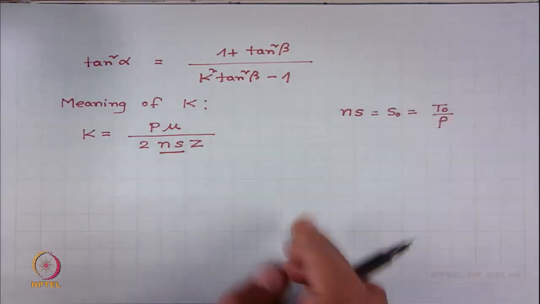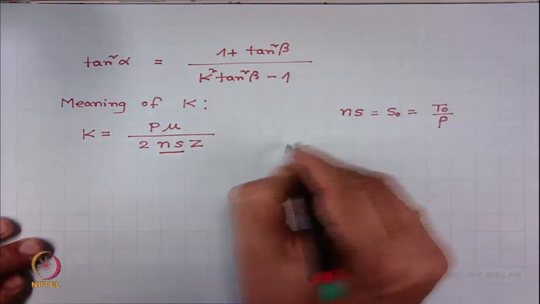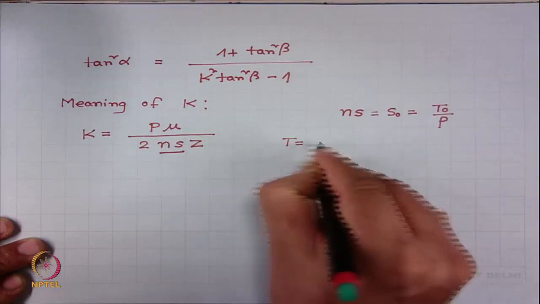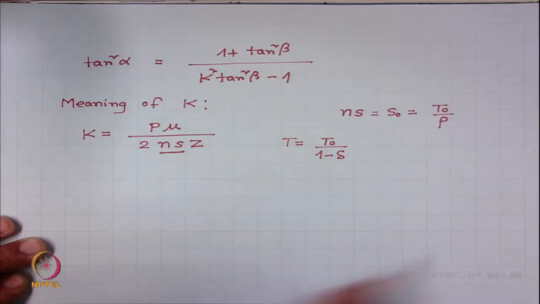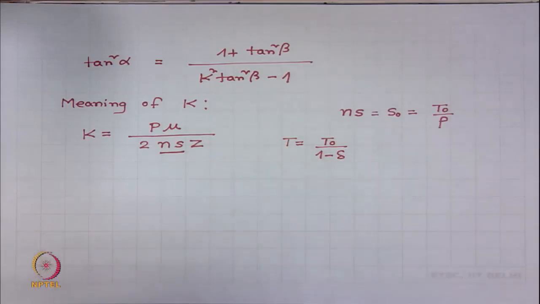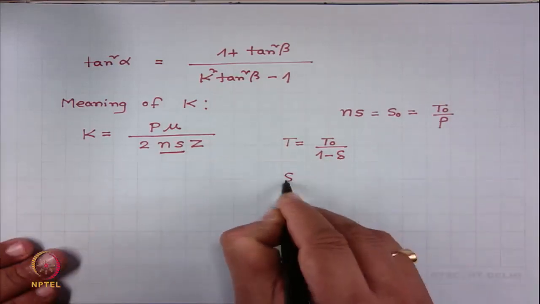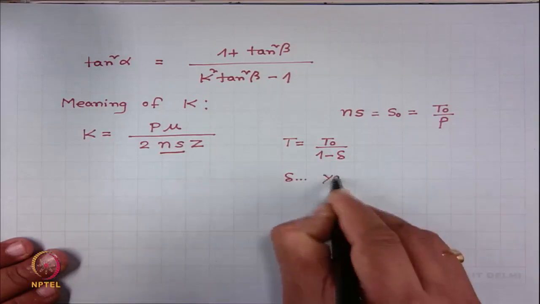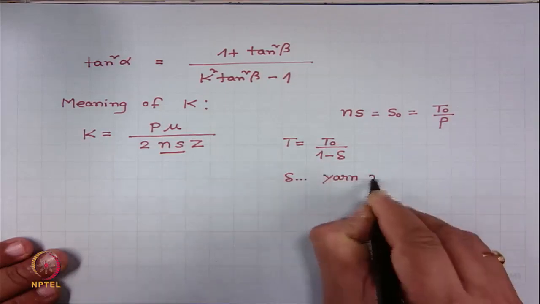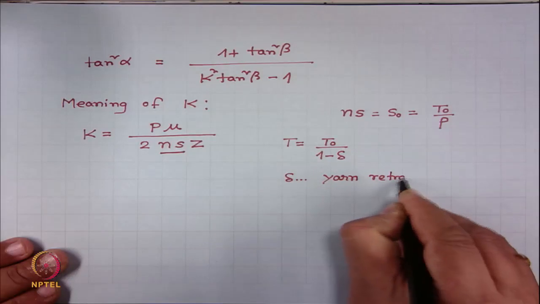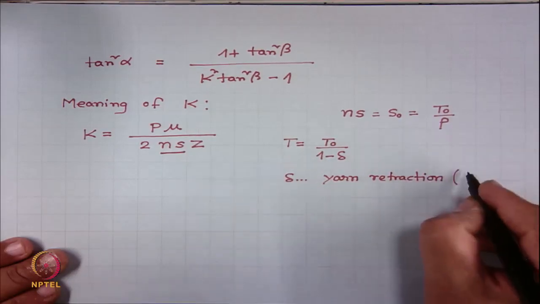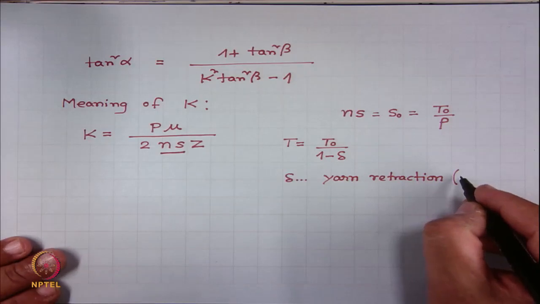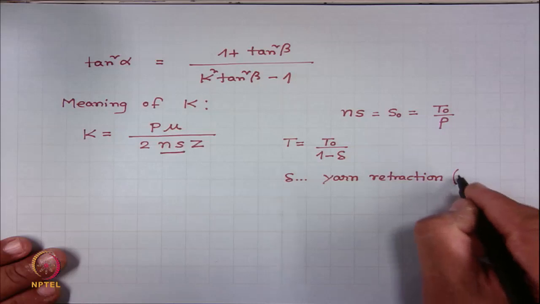This T naught is related to final yarn fineness by this relation, where this denotes yarn retraction. Yarn retraction was discussed in helical model of fibers in yarn, that was probably module 4.